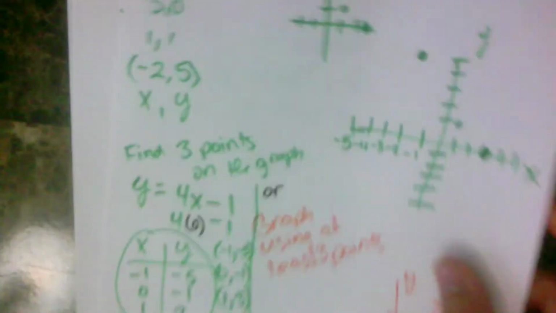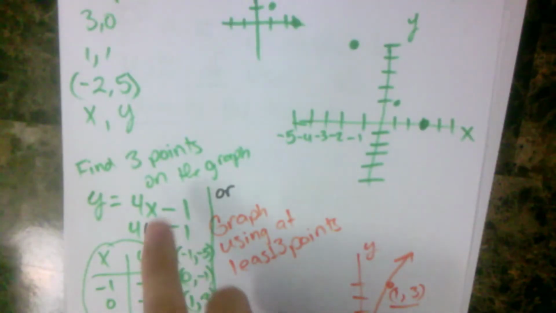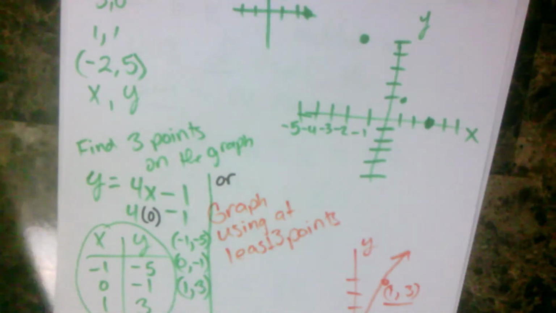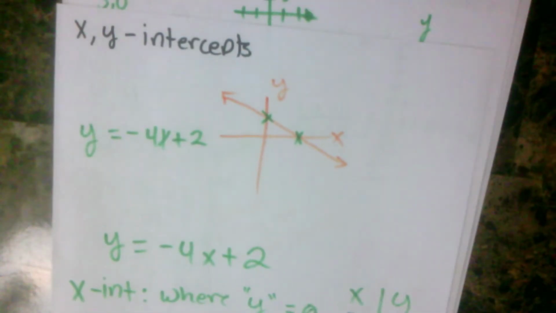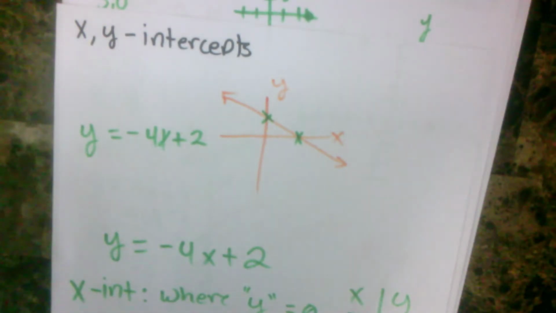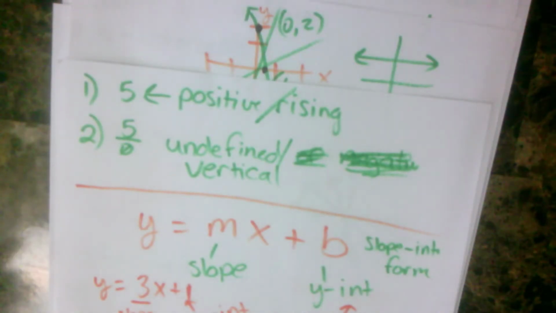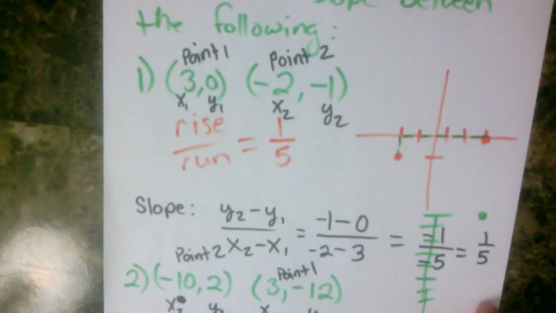We talked about graphing dots and lines, so just graphing some dots, finding your XY table, and then graphing a line with 3 points. We also talked about X and Y intercepts, and then we also talked about slopes, positive, negative, undefined, 0, and how to use your slopes. How to find your slopes using 2 points. All right. Again, we'll talk about all this in class, but that is all that your test is going to cover. Feel free to rewind.